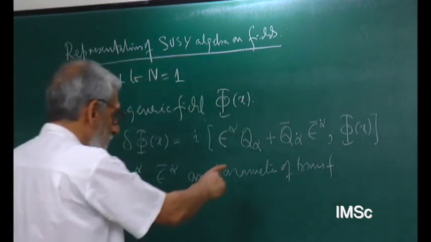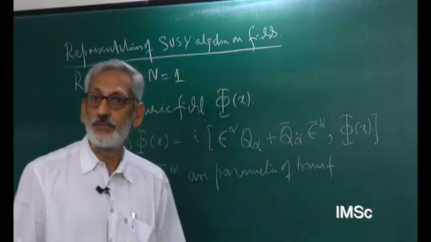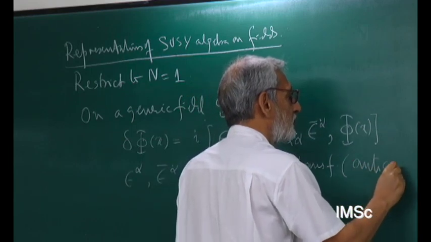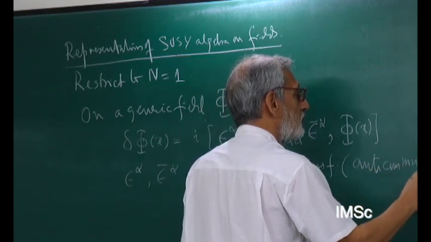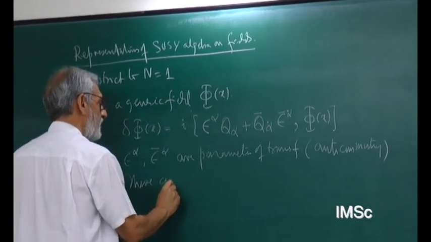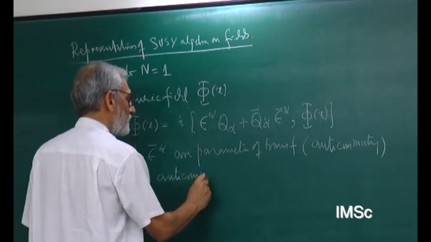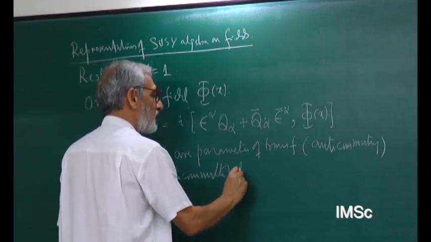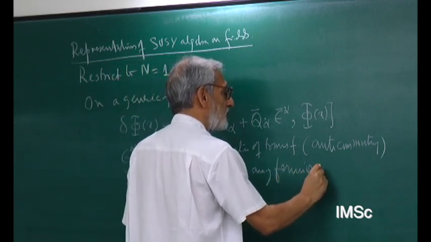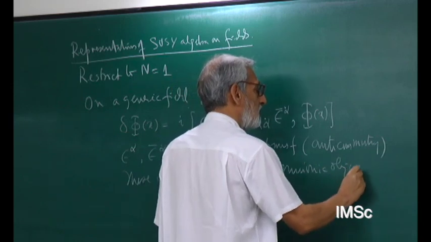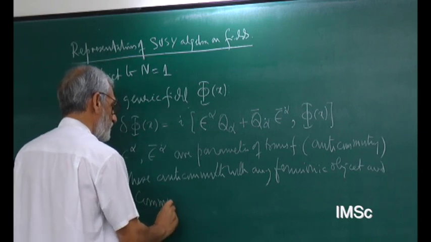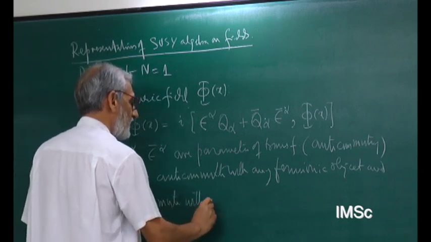These are anti-commuting objects. What does that mean? They anti-commute with any fermionic object and commute with a bosonic one.